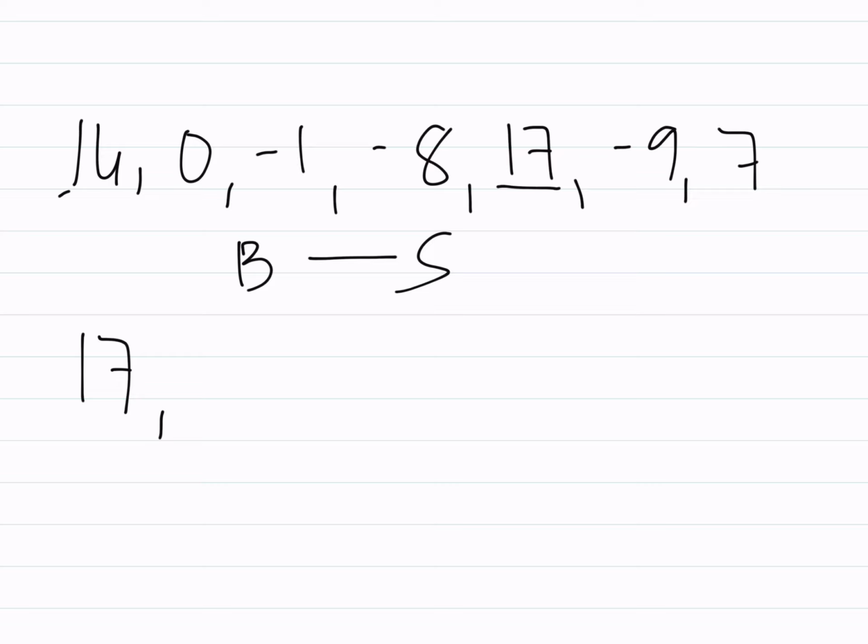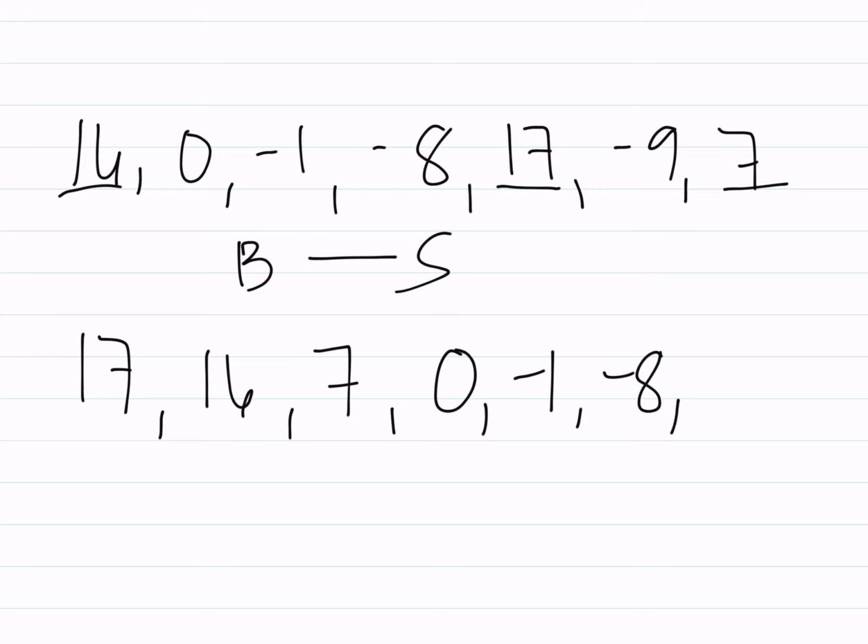After 17, followed by 16. After 16, the 7. Then 0 and all negative integers. What's next after the 7? Of course, 0, because remember again that 0 is greater than negative numbers. Then after that, what number is nearest to 0 on the left? Of course, negative 1. Next, followed by negative 8 and negative 9.